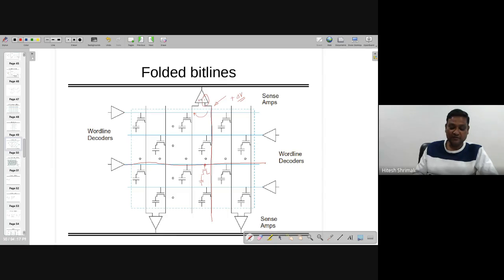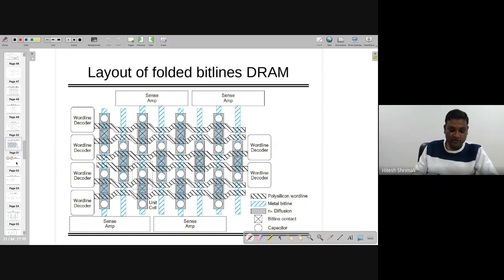So folded bit lines have the advantage that you're going to have the sense amplifier from the same structure. You don't need the differential, and it's also advantageous in terms of layout: if you draw the layout, you can have one which is actually packed, and it's a square, and you can design as you want, right?